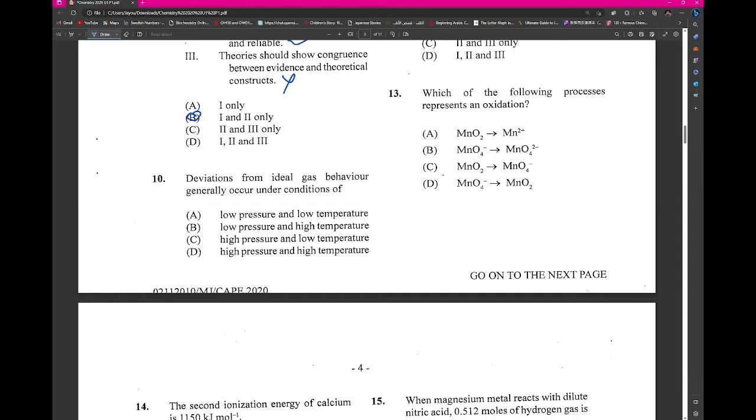Just giving you a second to write in the chat real quick before I continue. Alright, so as you know, it's supposed to generally be low temperature and high pressure. So I hope you guys got that.